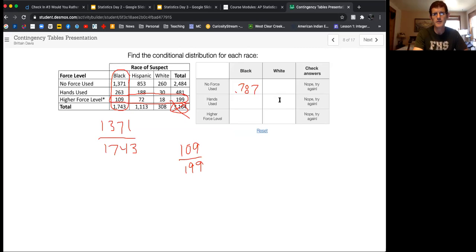But just tell me hands being used on the condition of being white. And you can put it in the chat if you want. And go ahead and give it to 3 decimal places when you type that in.